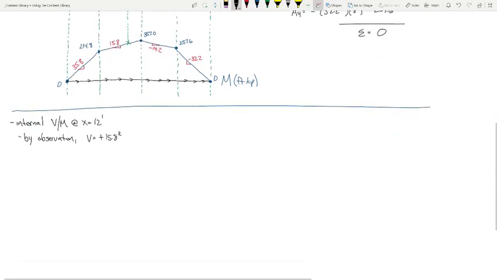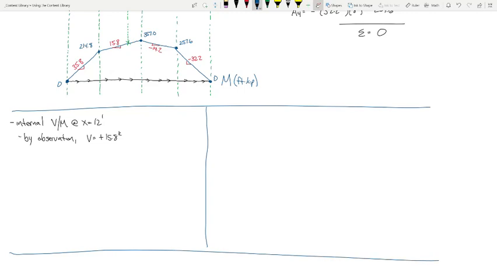Now I propose for the moment there's two different ways that we could do this. I'm going to show you the second way here in a bit. Let's look at the first way. So I'm going to sort of zoom in on that section of the moment diagram. And so what we've got is a value here of 214.8.